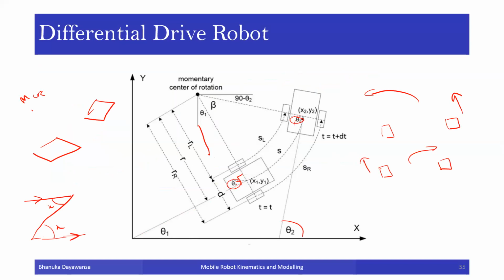This is 90 degrees, right? So this angle becomes 90 minus theta1, right? So once again, I go to the whiteboard.